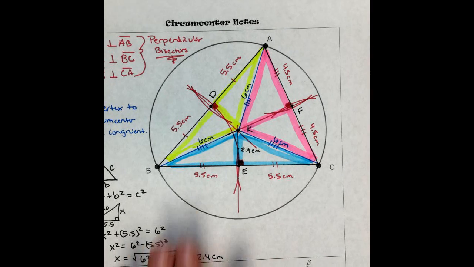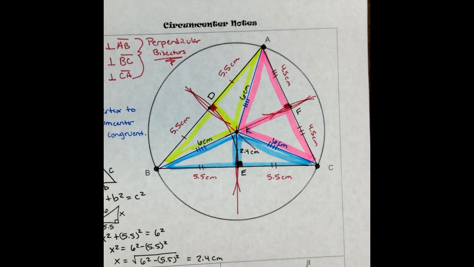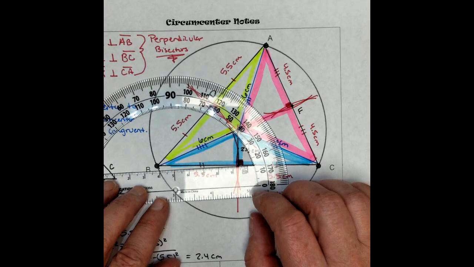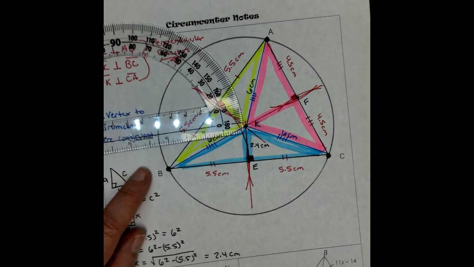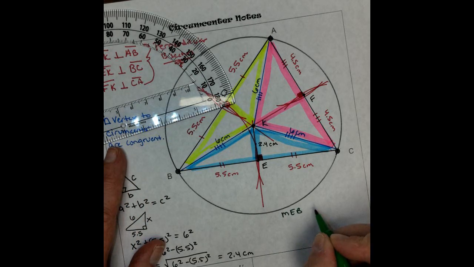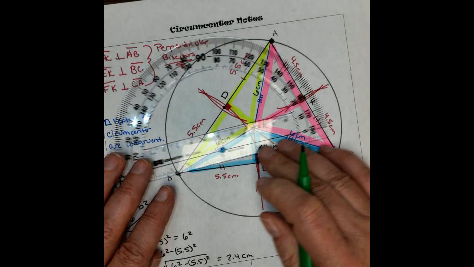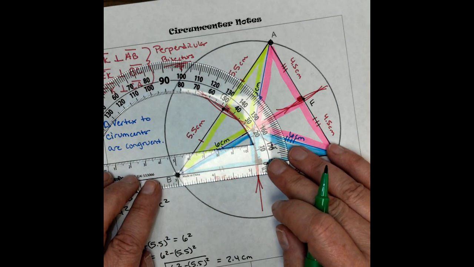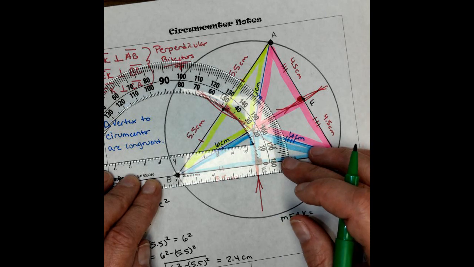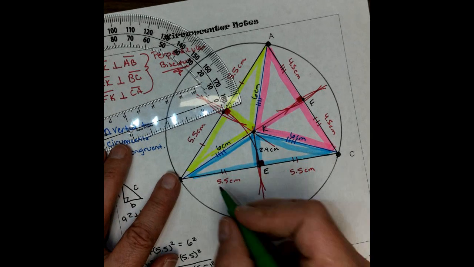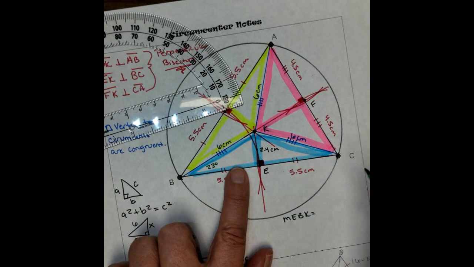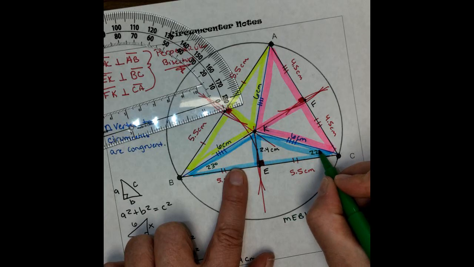So now what makes this nice because of these patterns, if I take my protractor and measure angle EBK, EBK is roughly 23 degrees. This guy's roughly 23 degrees. So that means because these two triangles are congruent, this guy over here is 23 degrees.